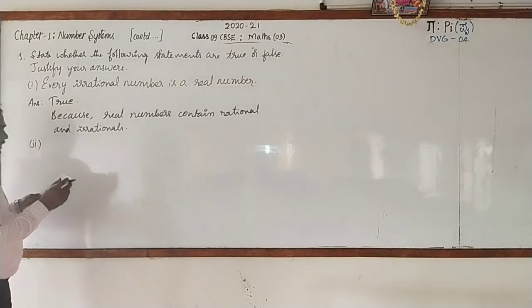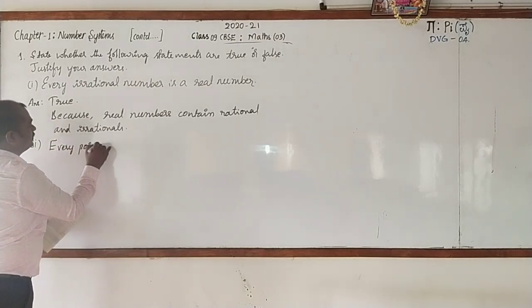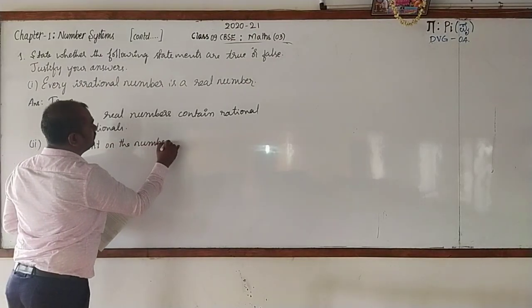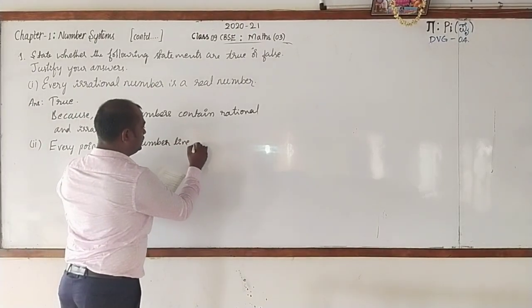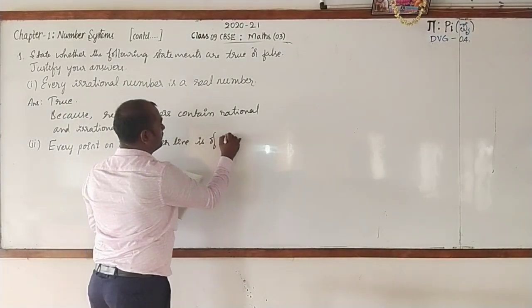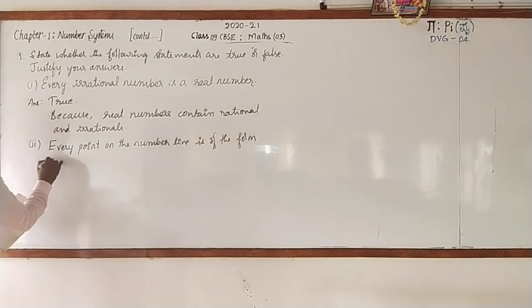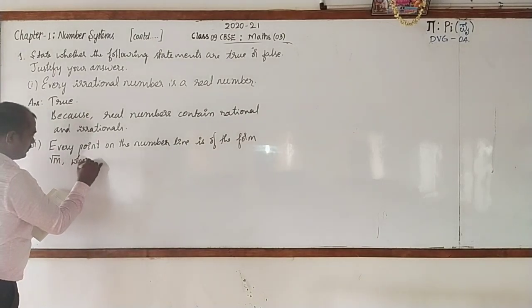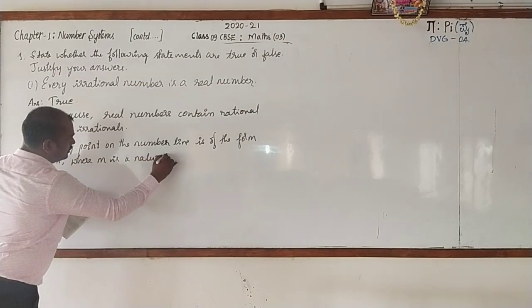Write. Every point on the number line is of the form root m, where m is a natural number.